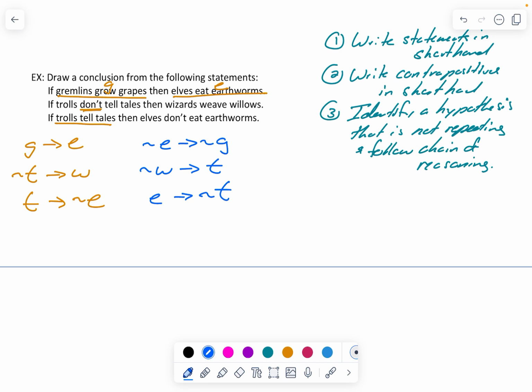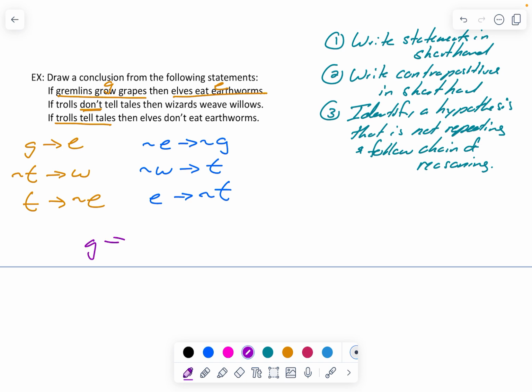So the G and the W do not repeat. So we want to start with either G or W because they don't repeat. So let's start with G and see what happens.